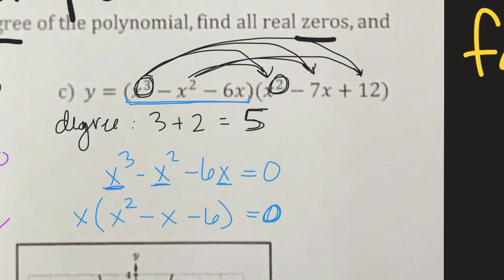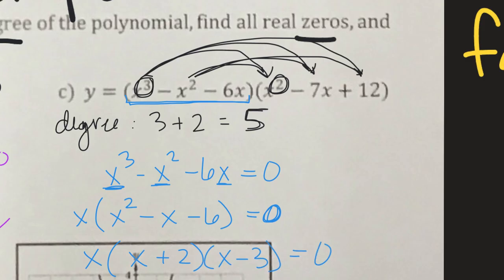The first thing is finding the common factors. And now we turn to our quadratic. What numbers multiply to give us -6 and add to give -1? Because the easiest way to solve a quadratic is by factoring. +2 and -3. So these are the factors.